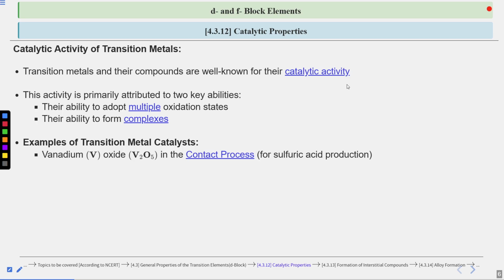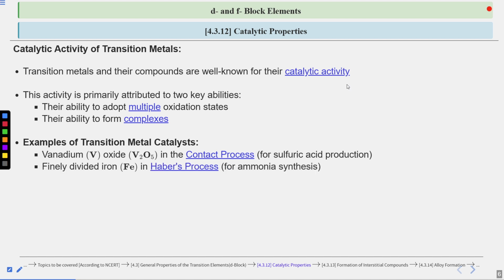In that process, to increase the rate of the reaction, we use the catalyst, which is vanadium oxide. Vanadium is a transition metal, and vanadium oxide is the oxide of a transition metal, so we are using a transition metal catalyst in the contact process.